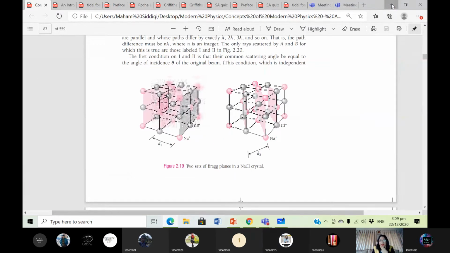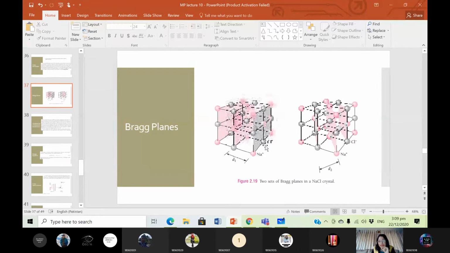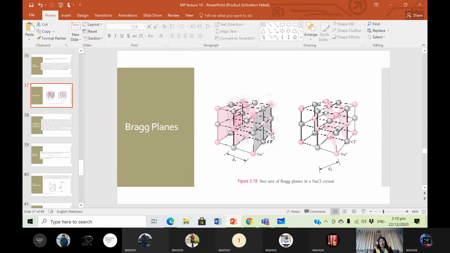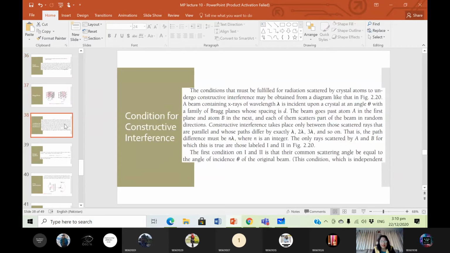It should be chloride. Yeah, chloride. Okay, so here we have sodium chloride and these are also sodium chloride. This one has D1 distance and this one has D2 distance. So these are known as different Bragg planes, because each Bragg plane will have a specific characteristic separation between its component planes. Okay? So these are known as Bragg planes.